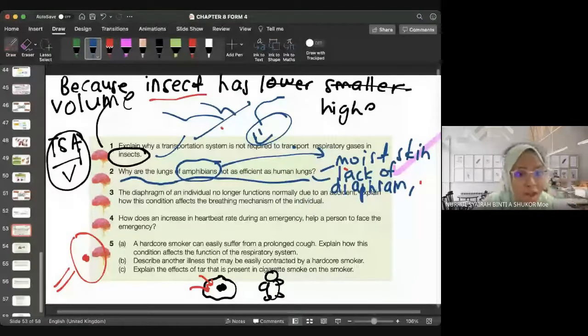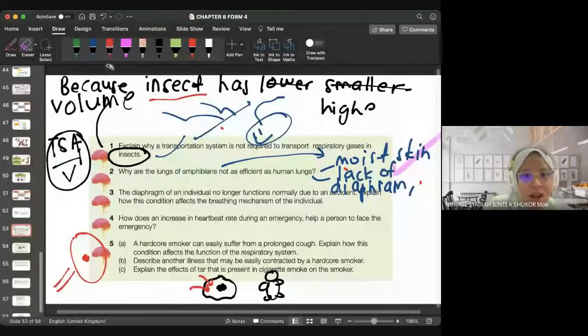Why do they not need efficient lungs? Because most of the gaseous exchange occurs in the skin. So to answer this question, first, why are the lungs of amphibians not as efficient?